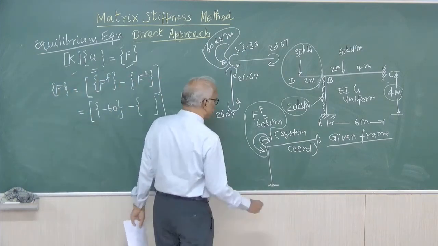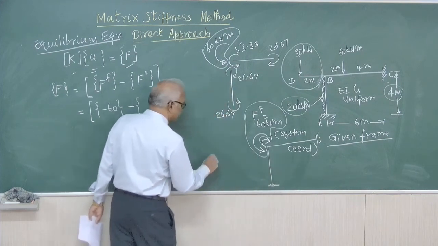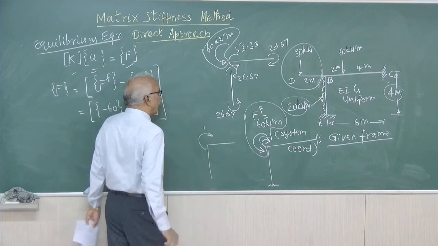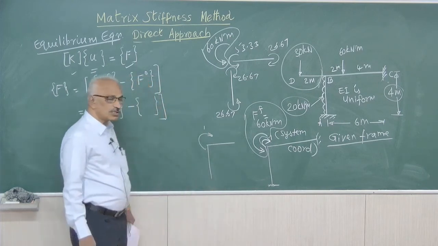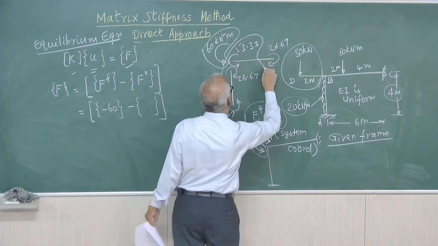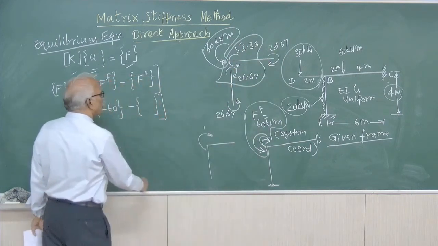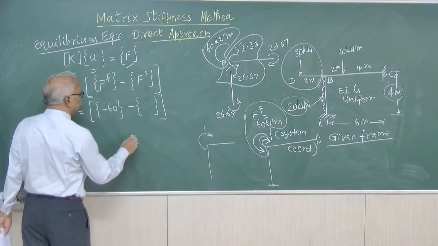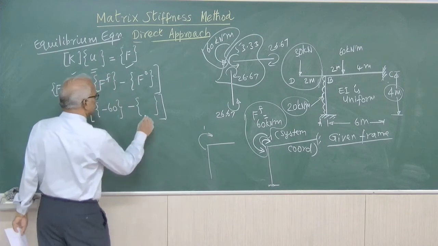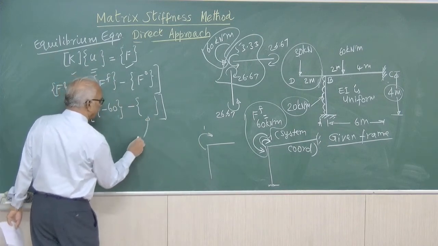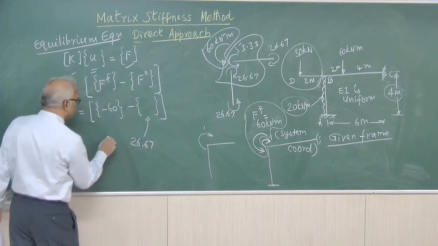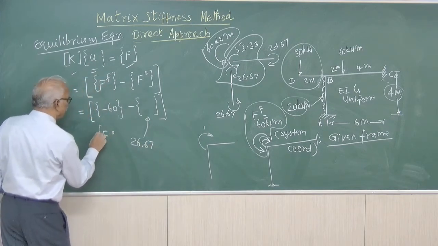Minus F naught is due to the fixed end moments, that is, the fixed coordinate forces at the system coordinate. This is the system coordinate. At the system coordinate, due to the fixed end moments, we have to find the sum of these two values, namely 26.67 and 26.67. We can also calculate this value separately and substitute.